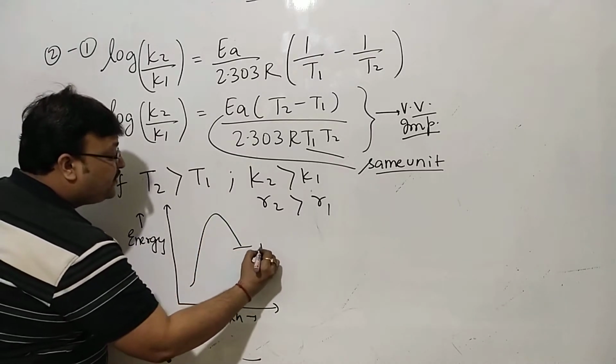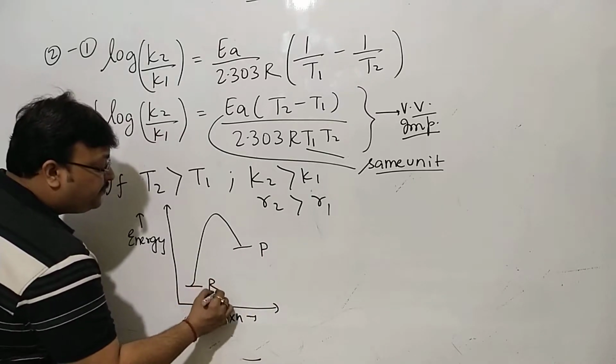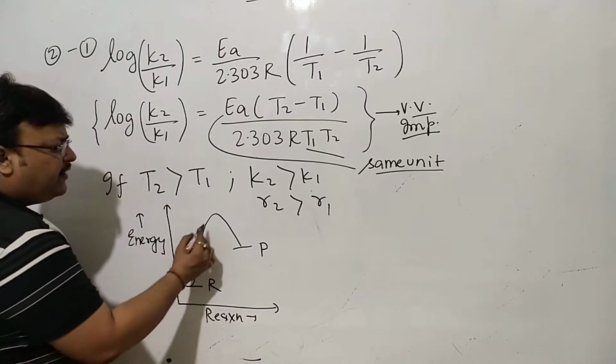See, this is T, this is R. A chemical reaction starts at reactants, ends at products.